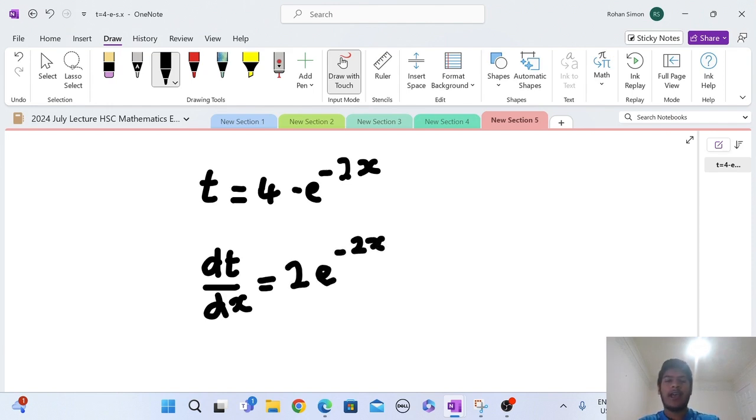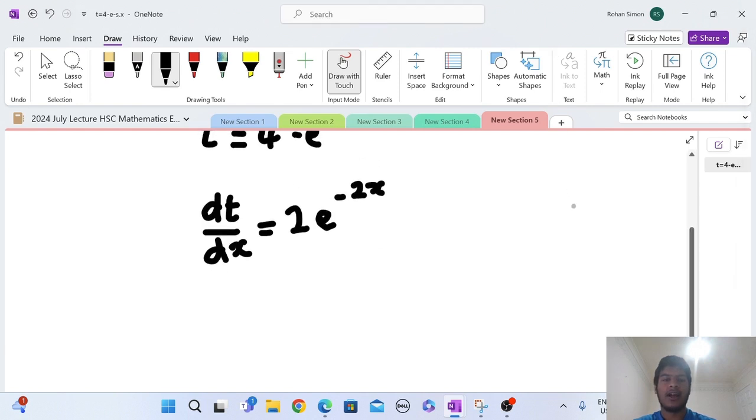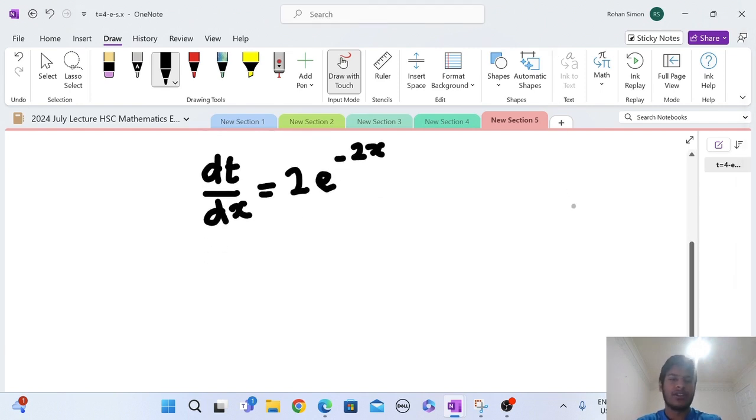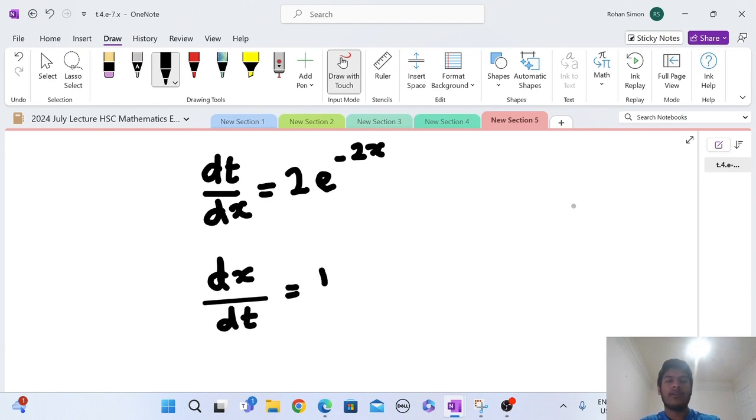And from there, we want a velocity expression, which means we're going to have to reciprocate both sides. And so what we can do is say dx dt is equal to 1/2 e to the power of 2x.